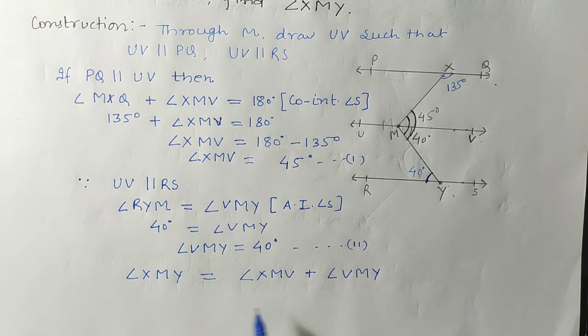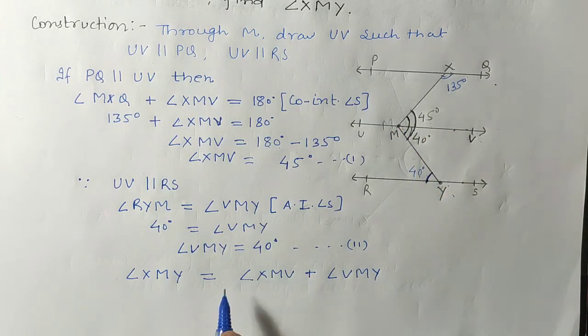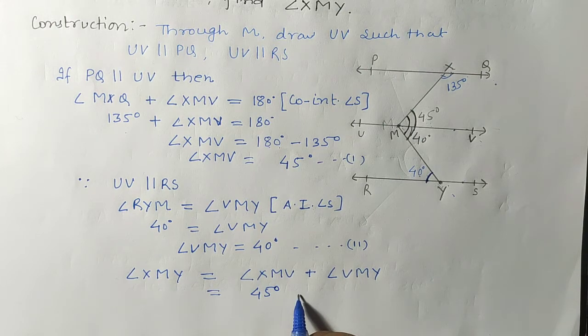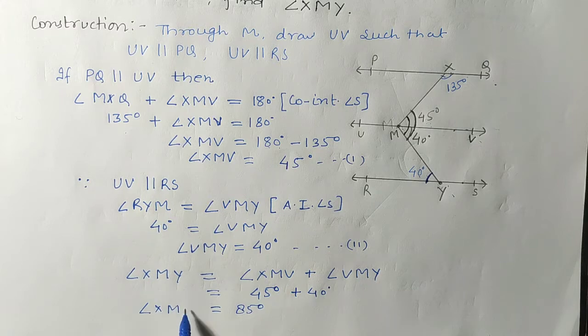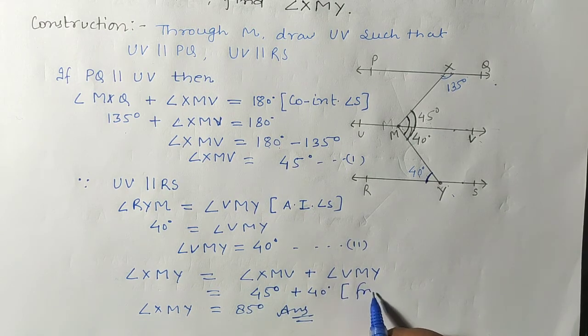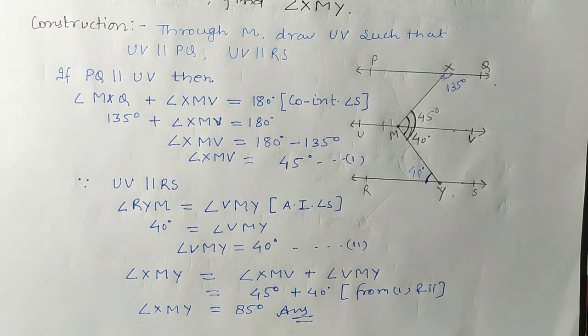From 1 and 2 we can put the values: XMV is equal to 45 degrees and VMY is equal to 40 degrees. So 45 degrees plus 40 degrees is 85 degrees. So this angle XMY is equal to 85 degrees, and it is your answer. We have put the values in this equation from 1 and 2.